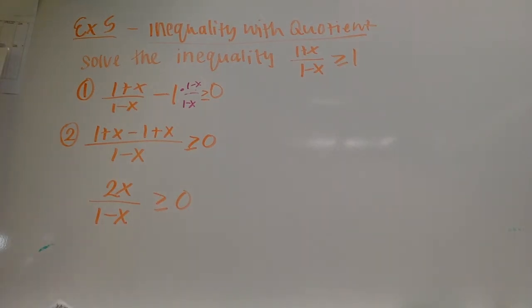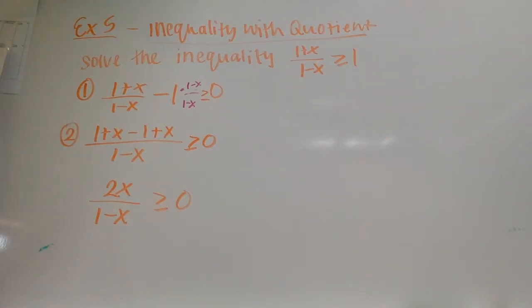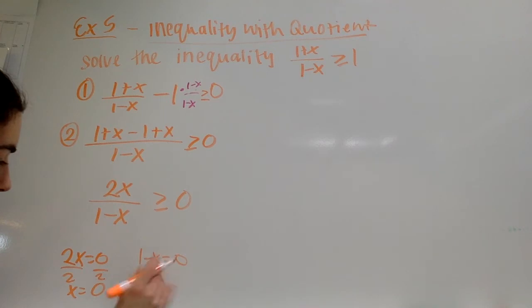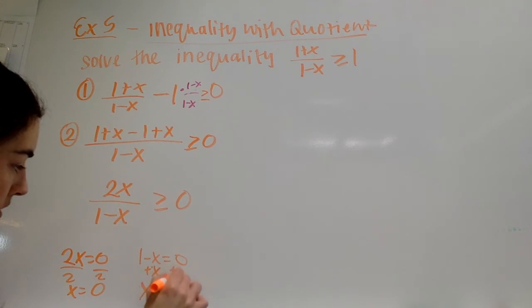Now we can start splitting it into intervals and testing. Okay, so the intervals here, our zeros are, the top becomes 0 when x is 0, and the bottom becomes 0 when x is 1. So those are our only two zeros here. So if you want me to write that out, we can write 2x equals 0, so x equals 0, and then this one, 1 plus x, so x equals 1.